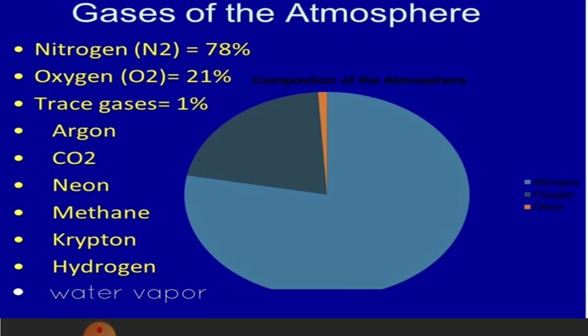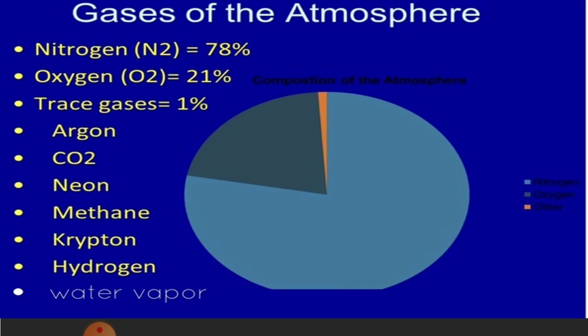The atmosphere consists of a number of gases and water vapor in various proportions. Children, now let us know about the gases of the atmosphere. Nitrogen, which is 78%, oxygen, which is 21%, other gases 1%: argon, carbon dioxide, neon, methane, krypton, hydrogen.